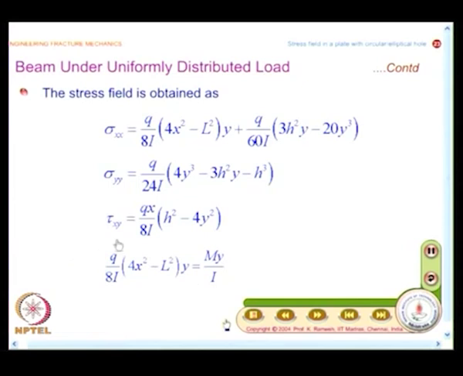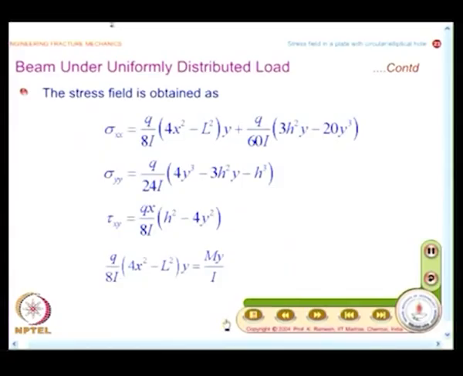Then you have tau xy, which is given as qx divided by 8I into h squared minus 4y squared. This is the same as what you get from the strength of materials solution, because shear force varies as a function of x, you have the term qx here, and you will essentially get the shear force distribution as a parabola.